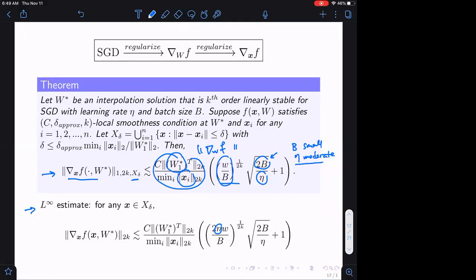But again, this term is going to be raised to the power 1/2K. So therefore, if my SGD is K order linear stable and K itself is not a very small number, let's say 5 or 6 or even 10, then this will be raised to a very small fraction power, and this term itself will not do any harm.